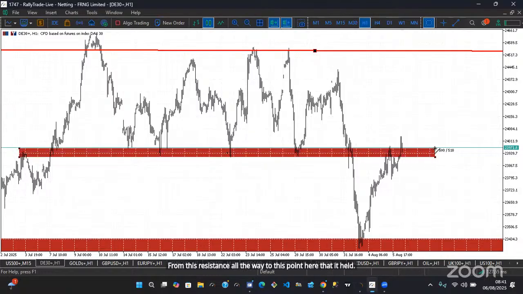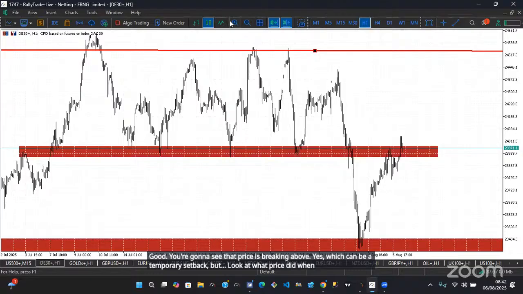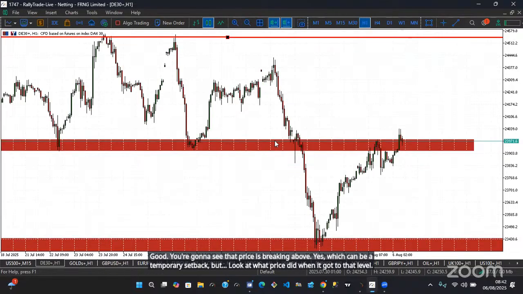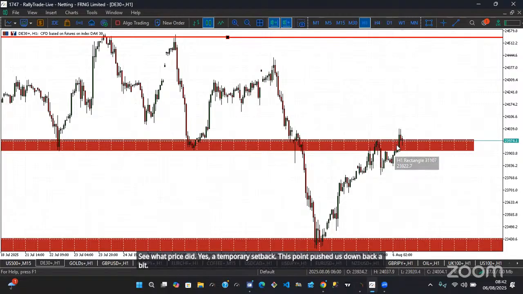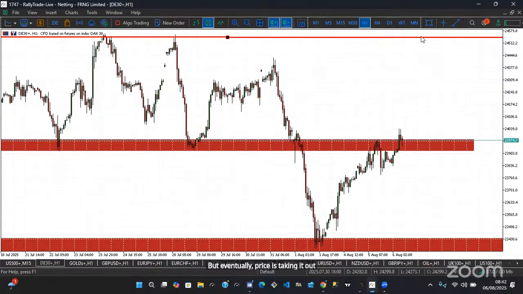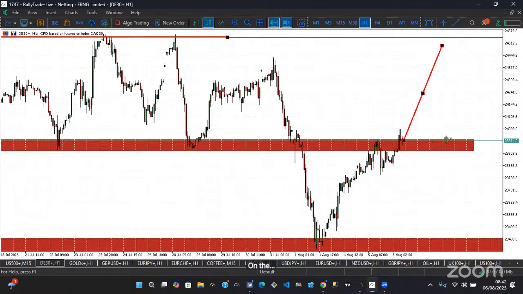You can see that price is breaking above. Yes, that can be a temporary setback, but look at what price did when it got to that level. This point pushed us down a bit, but eventually price is taking it out. So I expect it to continue being bullish.